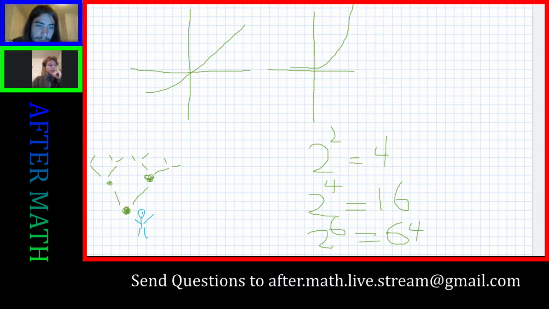So to model this, right now the spread is doubling every time, right? And we model that by putting the 2 down here and then putting an exponent to it. So if instead of doubling every time it tripled, then it would be 3 to some number, right?